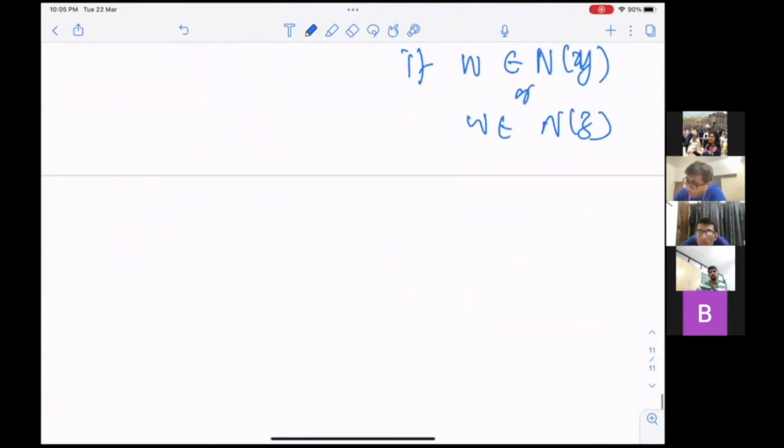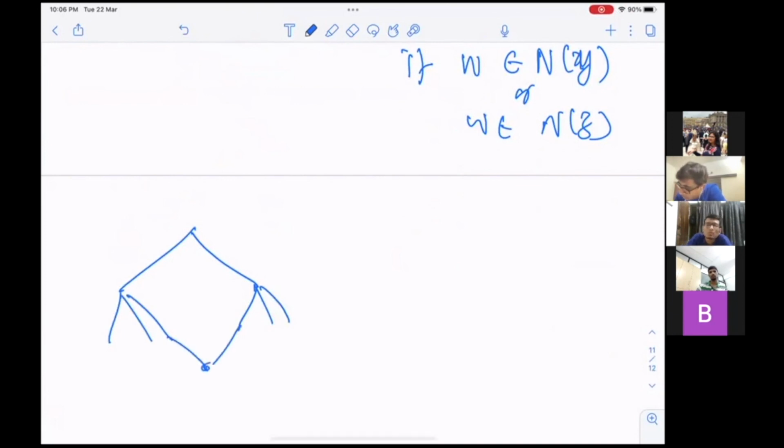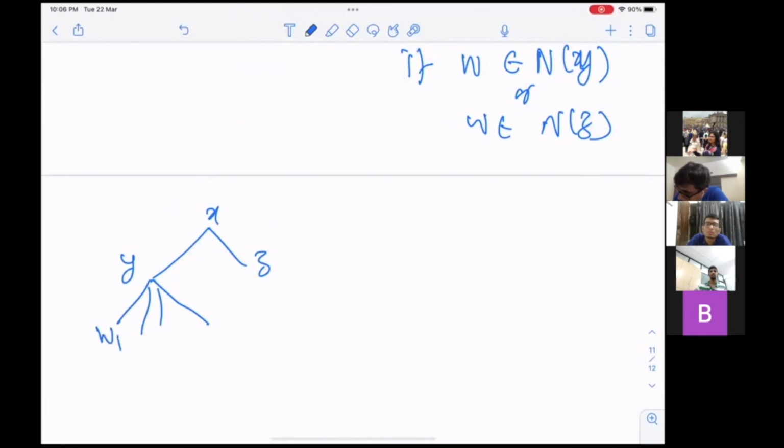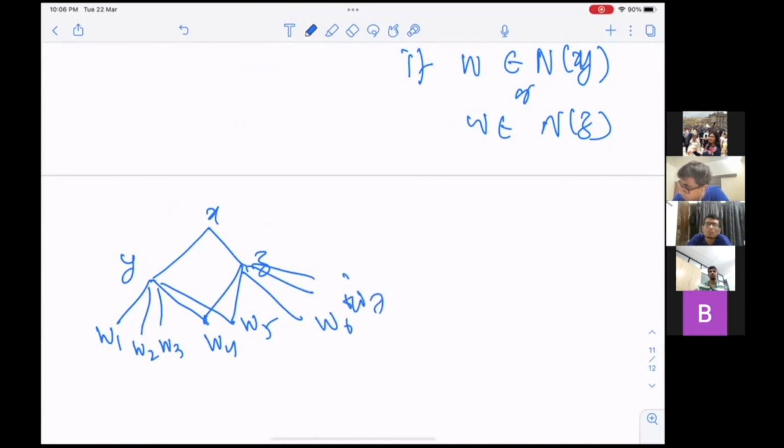Let me draw one concrete example so that you understand what's happening. Suppose I have X, Y, and Z. Suppose Y and Z have private neighbors W1, W2, W3, and they have some common neighbors, say W4, W5, and some private neighbors W6, W7, W8.